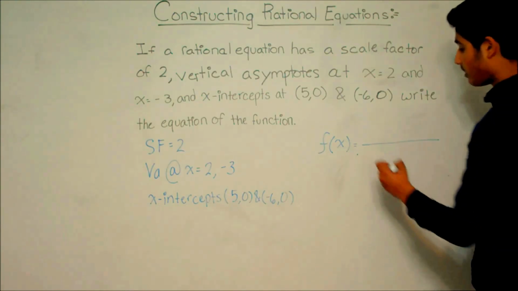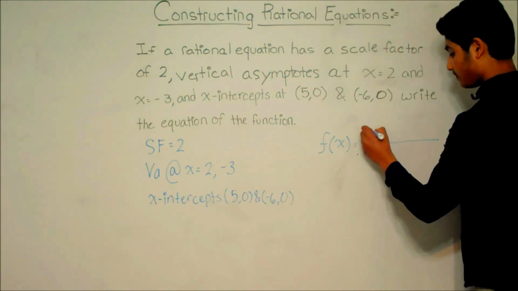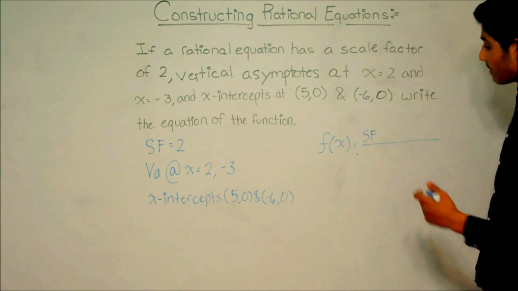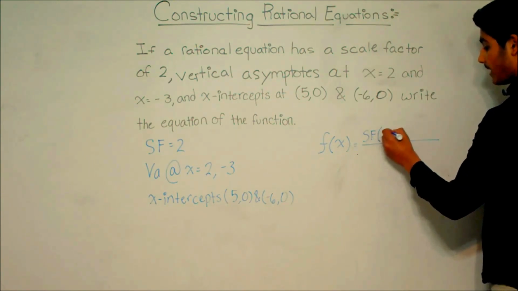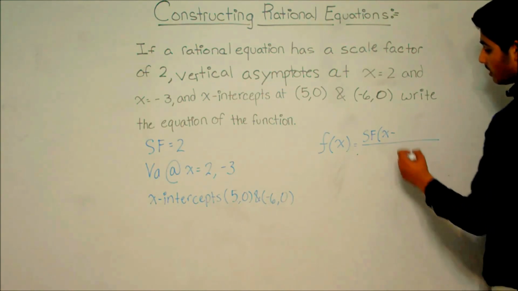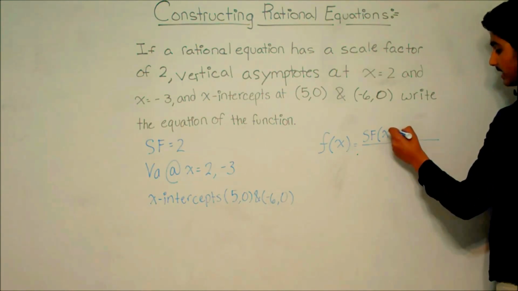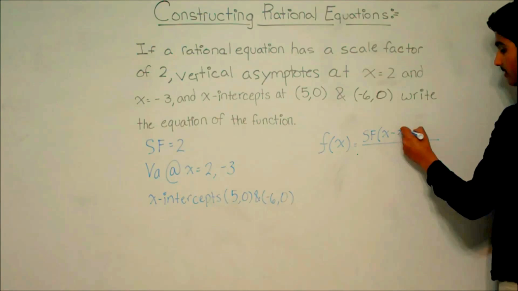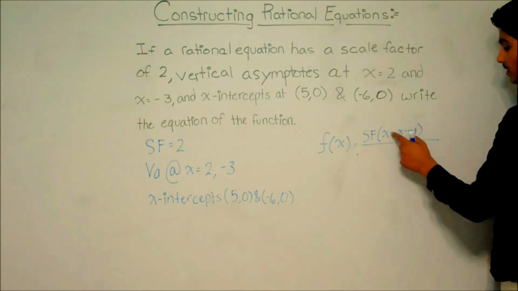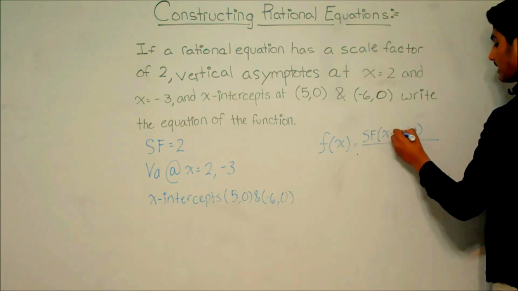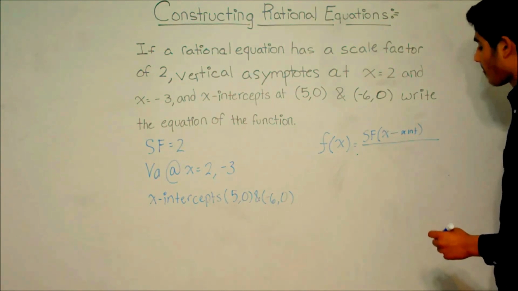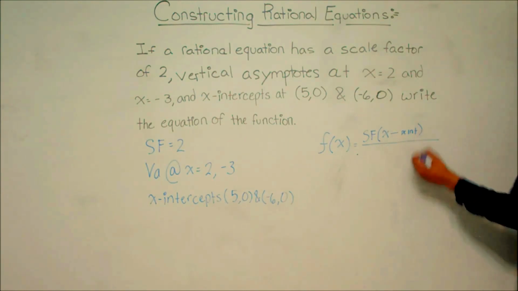In the numerator, we have the scale factor, and then multiplied with the scale factor are x minus the x-intercept, x minus x-int, and however many there are.